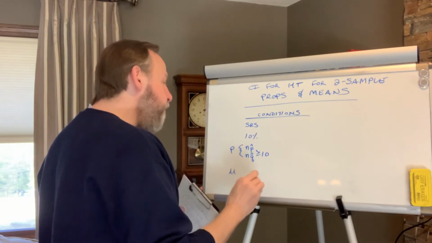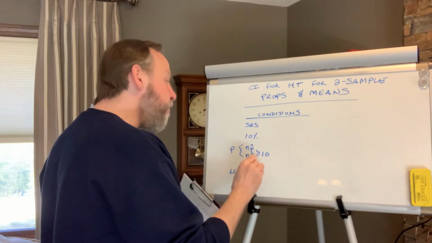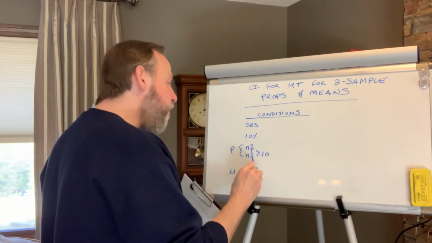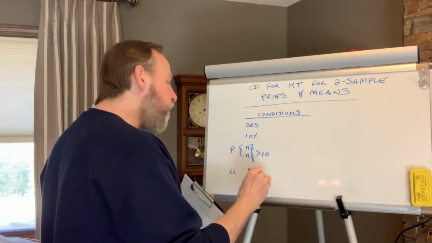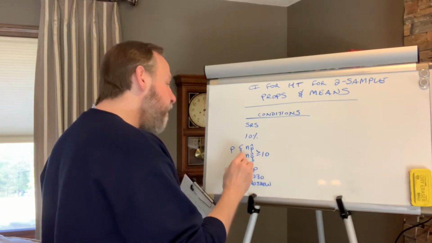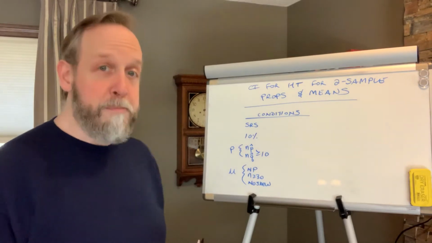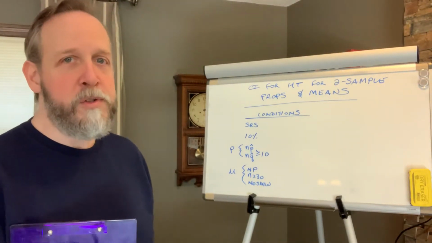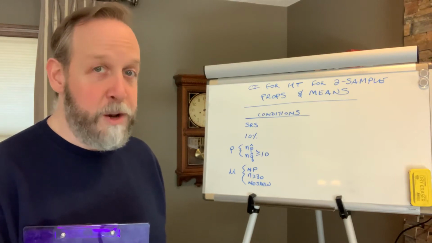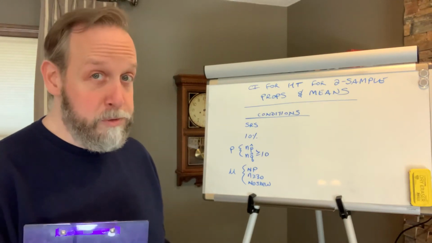But if it was a means prompt, we had a population that was normally distributed, or a sample size of at least 30, or no strong skew seen in the sample data. Obviously, it breaks down proportions versus means. Don't use proportions conditions for a means test and vice versa. They don't belong, and that will make you lose some credit.